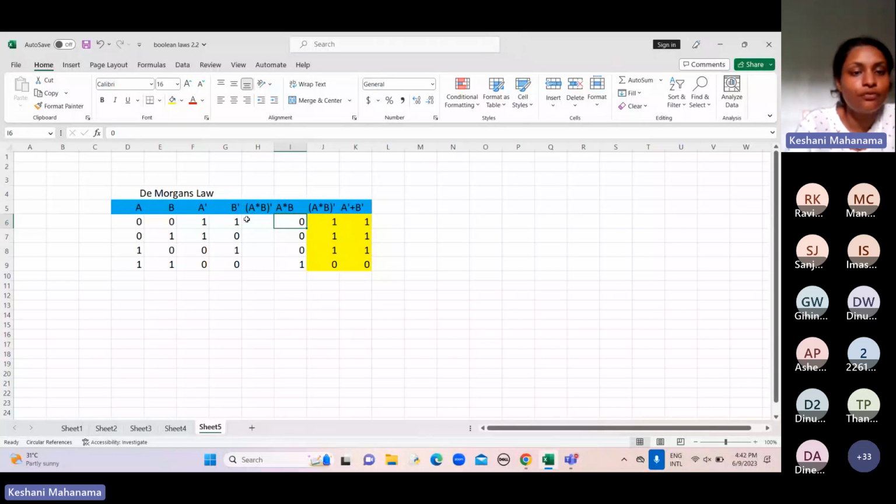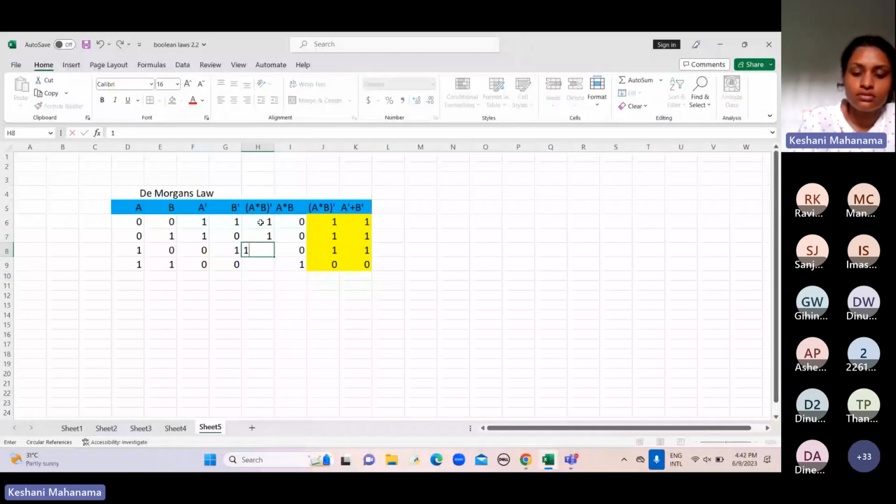So the complement of A into B is equal to 1, 1, 1 and 0.